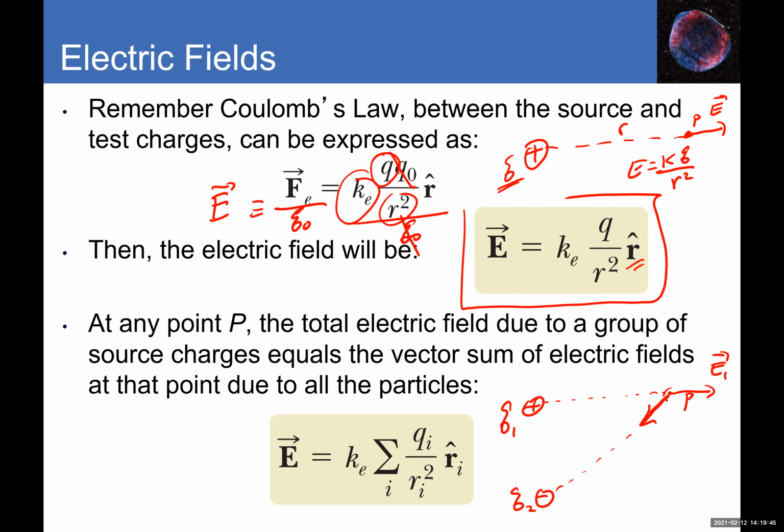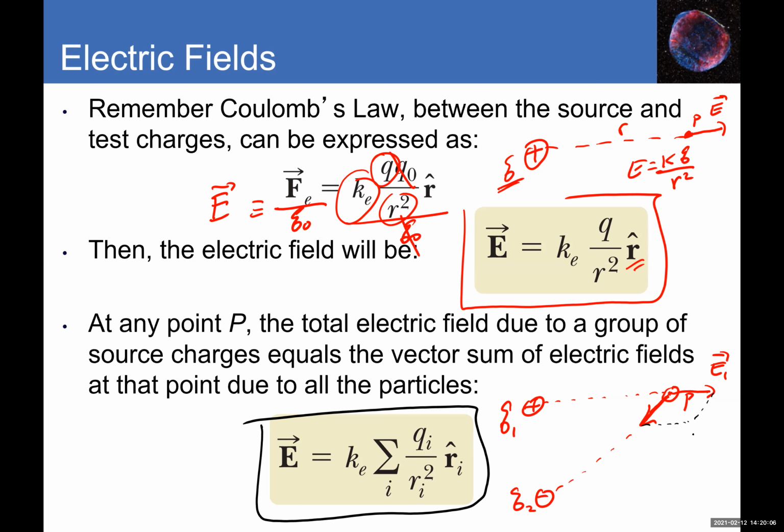At this point P, I need to calculate the net electric field, because electric field is a vector. This equation tells you that if you have multiple source charges, you just need to find the net electric field. I can easily do the graphical way of determining the direction.